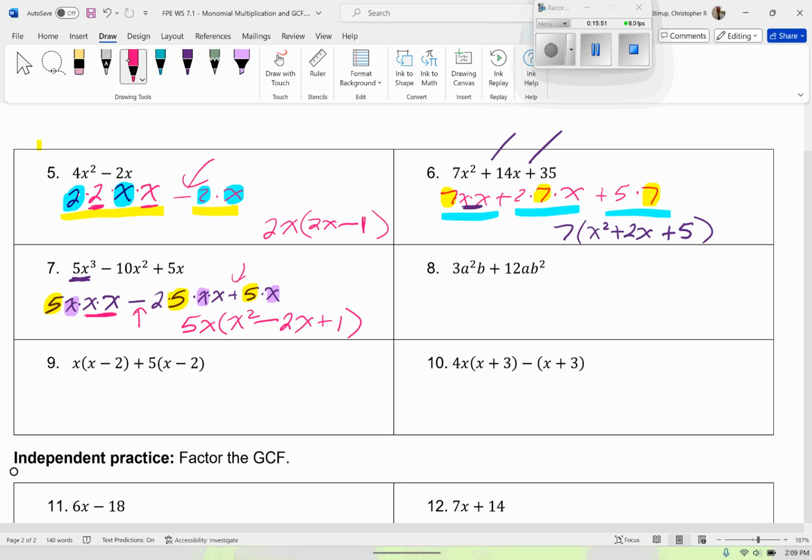All right, so just double check. Is 5x times x squared 5x to the third? Yep. Is 5x times negative 2x negative 10x to the second? Yeah. Is 5x times positive 1 5x? You factored it. This is the answer. So you're just breaking it down.